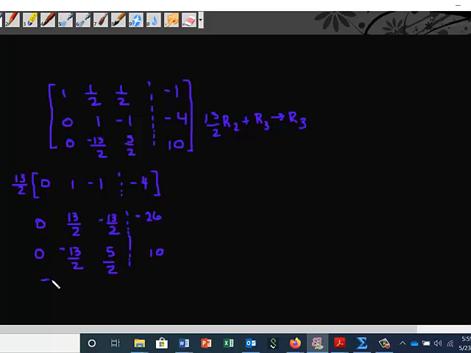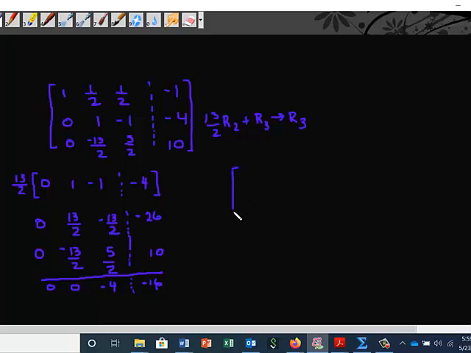So this becomes 0, 0, 8 over 4, which is going to be negative 4, and then this is going to be negative 16. There we are. Now that we have this, that's our new row 3.